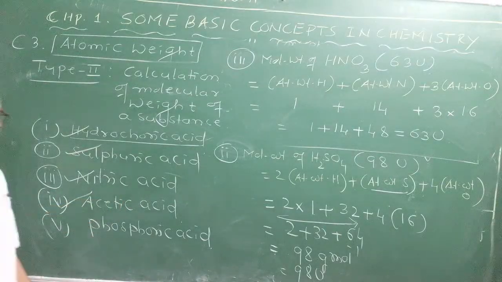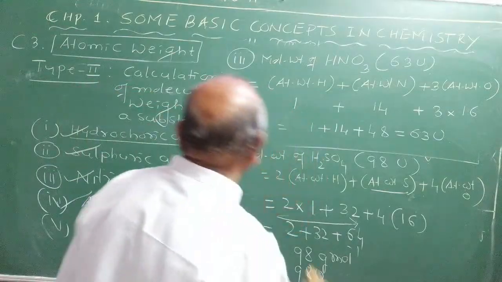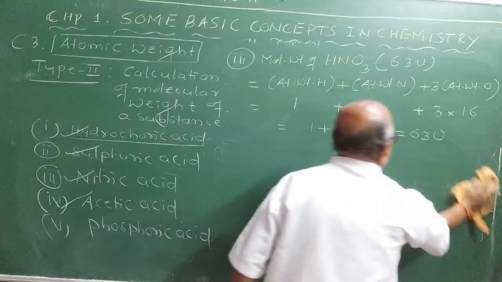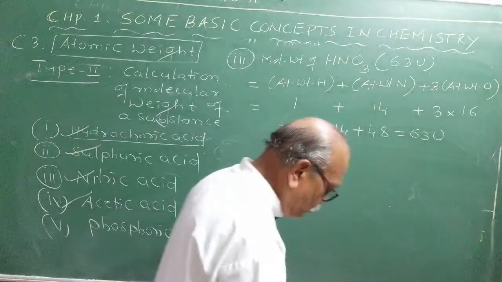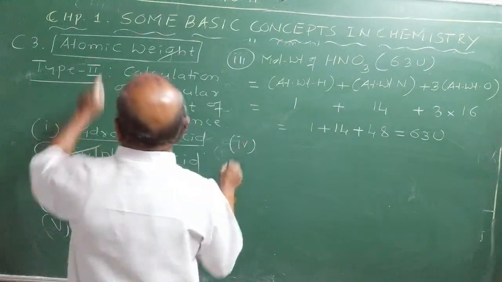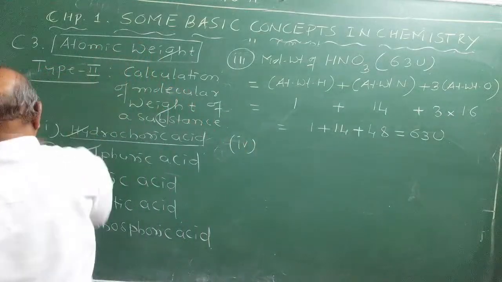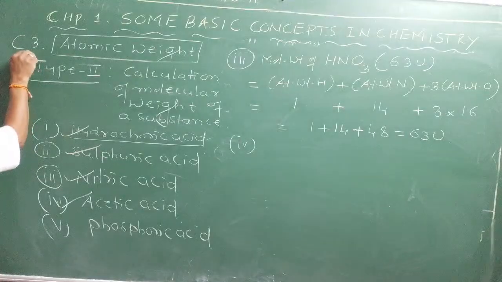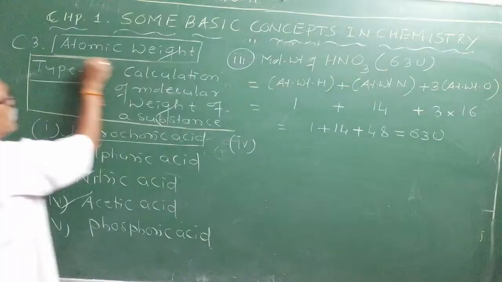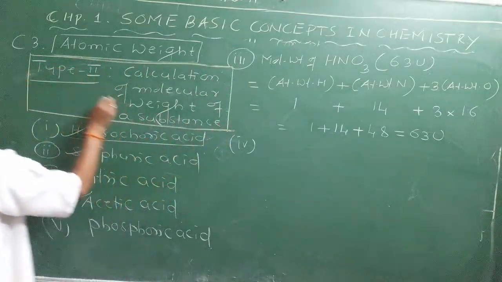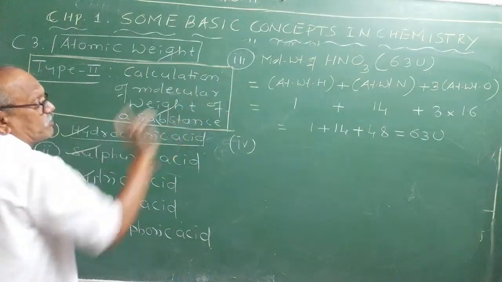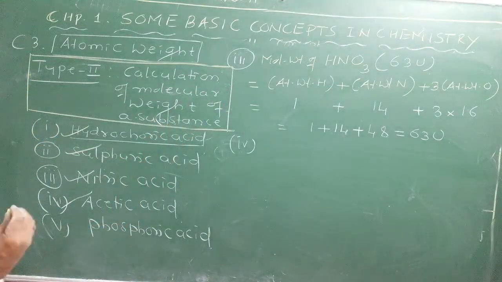Acetic acid. Calculate acetic acid. Questions appear many times. You calculate, because even in the laboratory, molecular weight calculation is a very important skill. After calculating average atomic mass, the second type of problems: a first year student should have the skill of calculating the molecular weight of a substance when atomic mass is given.